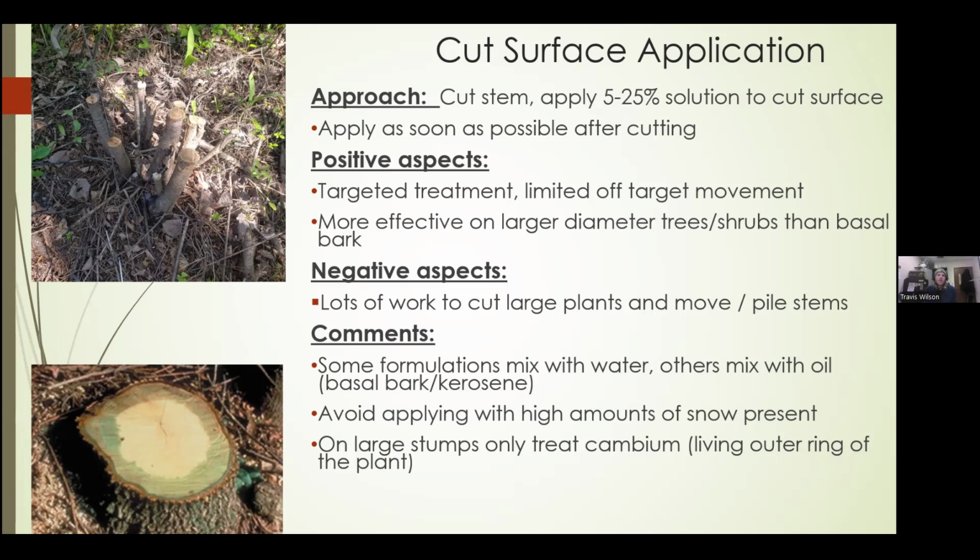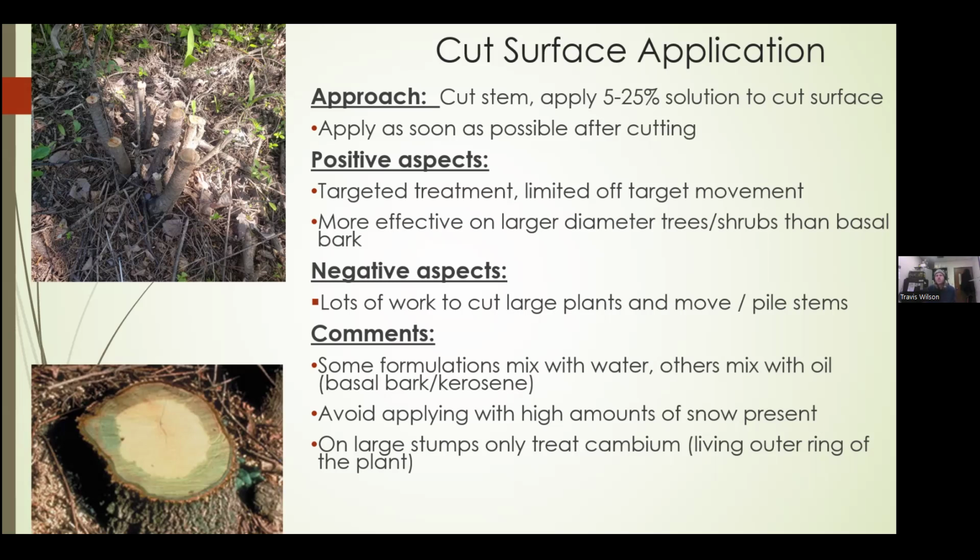So you want to cut it flat, and then you're going to want to apply a 5 to 25% solution to the cut surface. And it's advised to apply as soon as possible after cutting. You can go a little bit after, but it's recommended to do it right after. Not only does it help with better chances of that herbicide working, but you limit leaving it and then, say, missing that stump later if you come back to do it later.